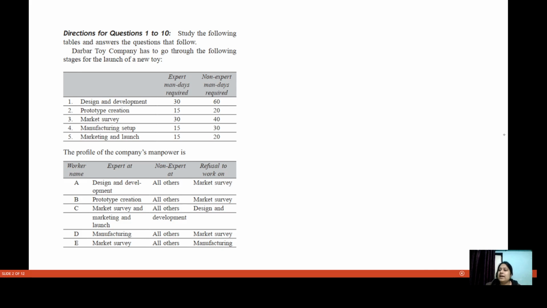So basically here what we are saying is that we will first allot only the expert to the work, and non-experts will be added to any work only when their expert work is finished. Now this A person is doing design and development. Design and development, prototype creation, market survey and manufacturing setup can be done simultaneously.